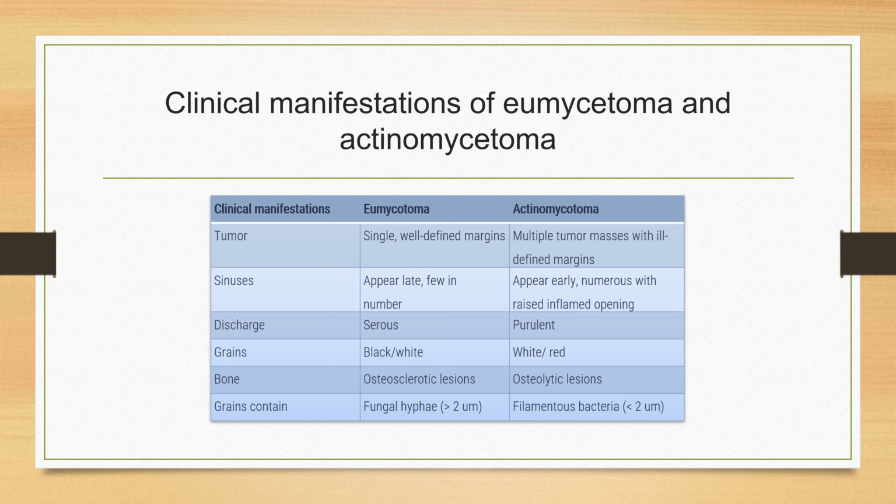The discharge in eumycetoma is serous, whereas in actinomycetoma it is purulent in nature. Grains are black and white in eumycetoma, whereas white and red in actinomycetoma. The bone lesion is osteosclerotic in eumycetoma and osteolytic in actinomycetoma. And basically the grains contain fungal hyphae, which are greater than 2 micrometers, and in actinomycetoma filamentous bacteria are present, which are less than 2 micrometers.